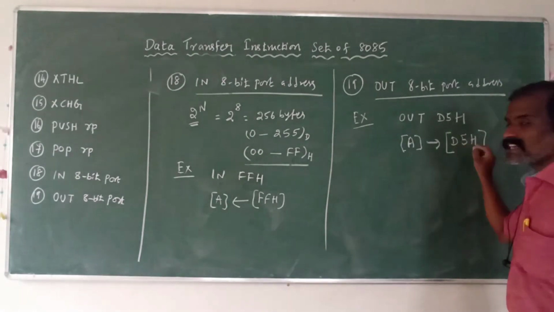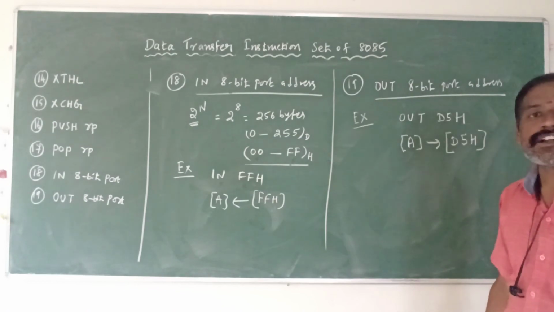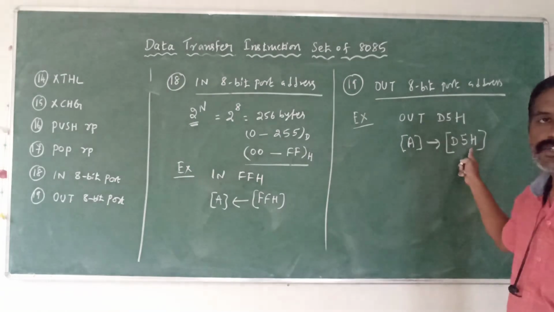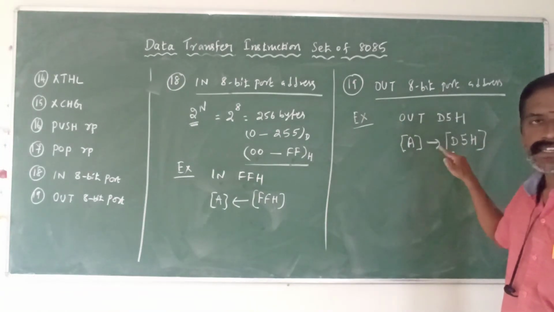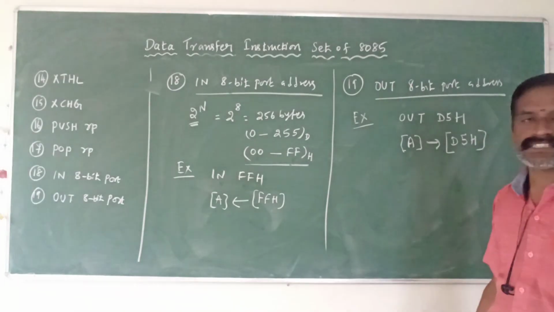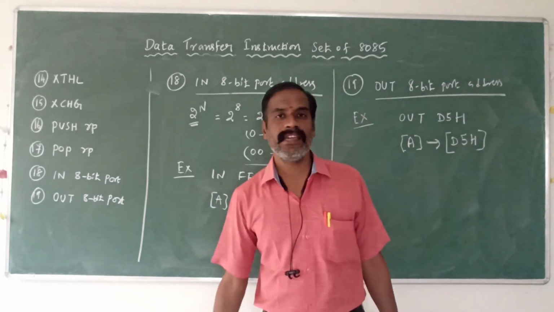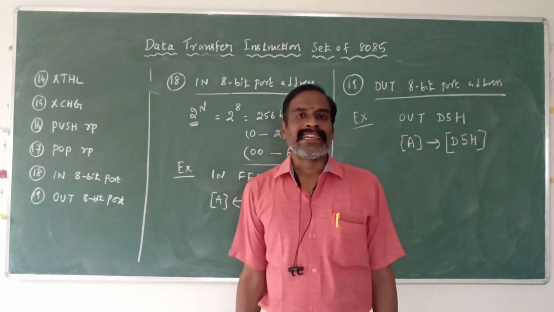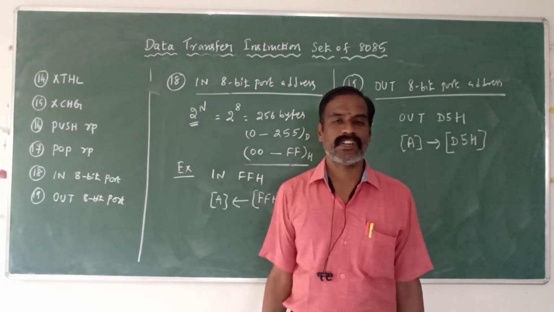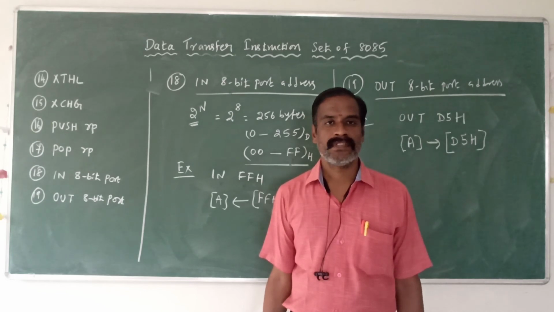Here the 8-bit port address will be connected to an LED or 7-segment display. Now the accumulator data will be displayed on the LED or 7-segment. This is the operation of IN and OUT. Total 19 instructions in the data transfer instruction set. Okay. Any doubt? No. Thank you.